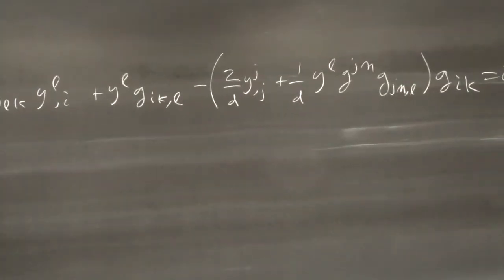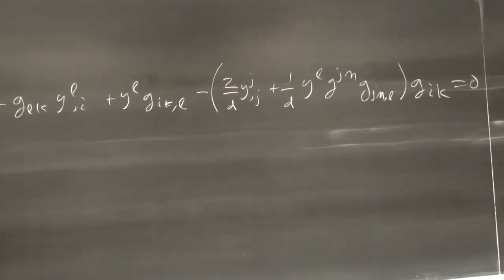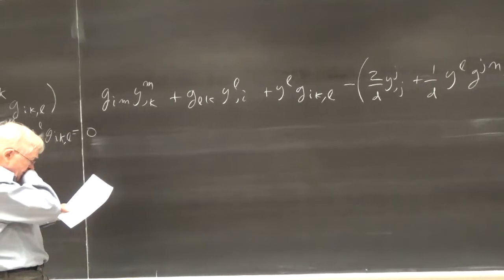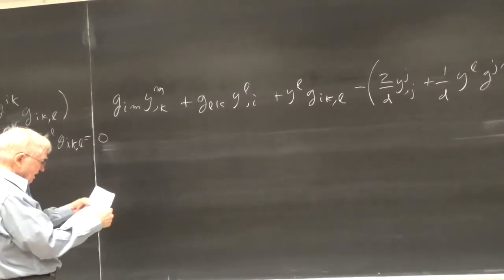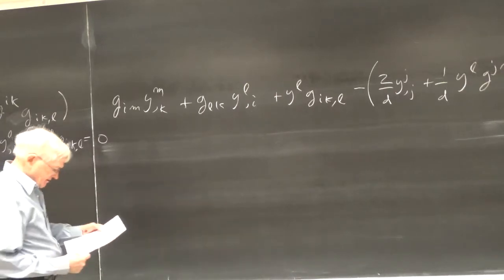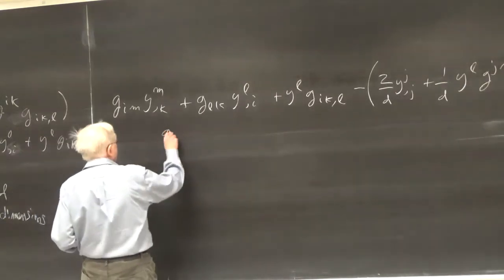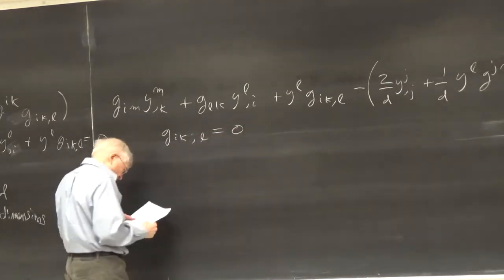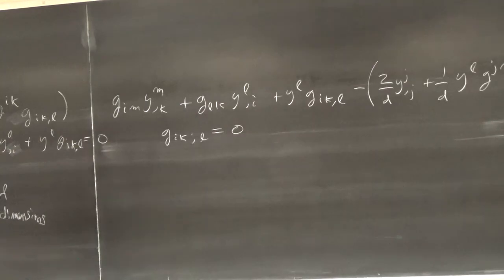Okay, so that's what we've got now. Killing's conformal condition over here, we can write it more simply if we use the fact that covariant derivatives vanish. So G,I,K semicolon L is identically 0, and that allows us to simplify this equation.